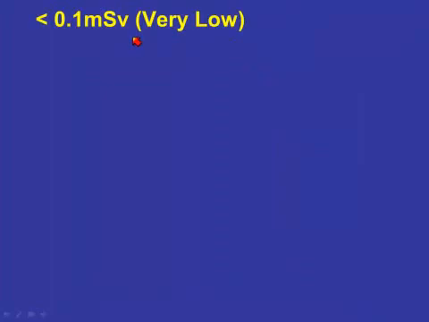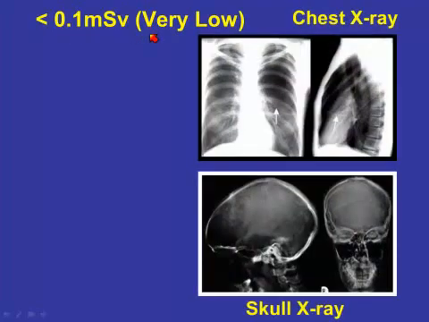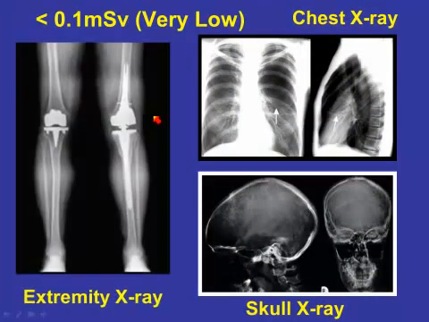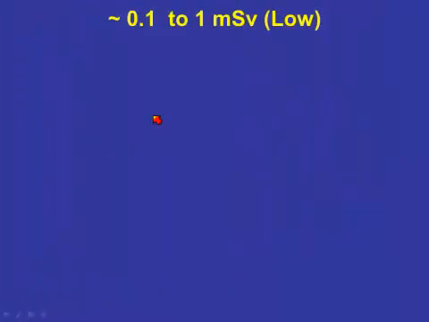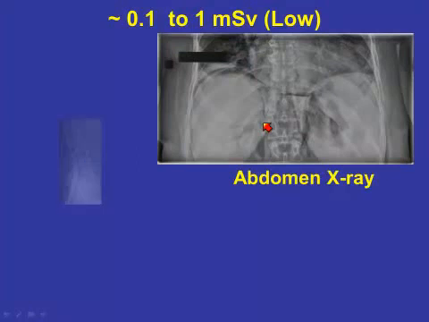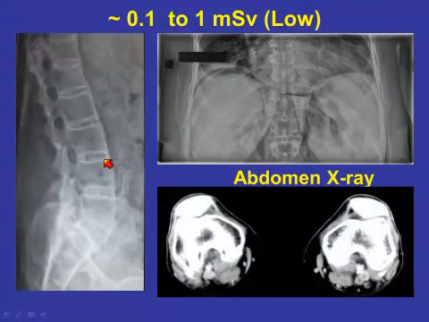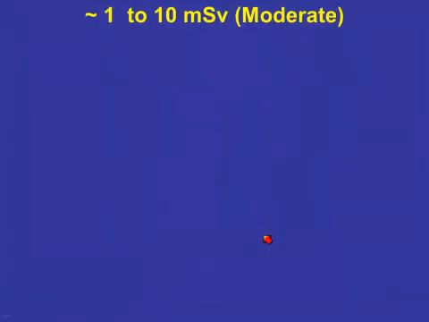I personally like to categorize effective doses into one of 4 buckets. There are very low doses that are less than 0.1 millisieverts, like a chest x-ray, a skull x-ray, or an extremity x-ray. There are low dose exams like an abdominal x-ray, like a thoracic lumbar or an abdominal lumbar spine, and an extremity CT.